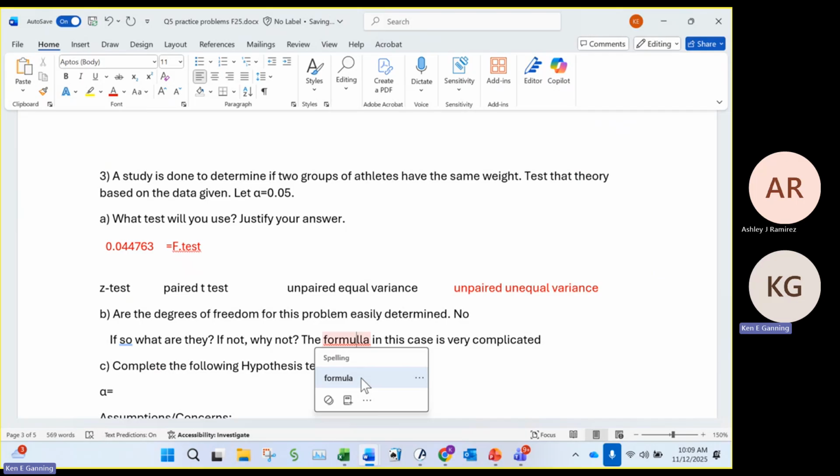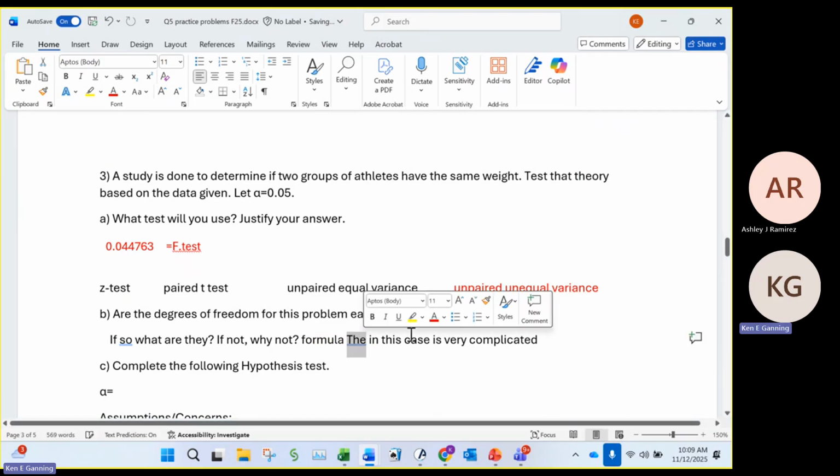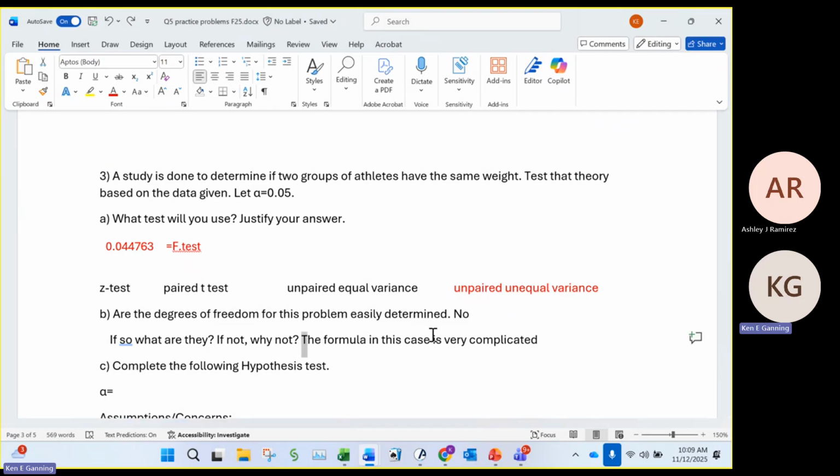It can be done, but it is not easy and not something I would ever expect anyone to do. Not something I would ever do unless I had to. Unless someone says, Professor, your job is to program and get the degrees of freedom for all these problems, and we need your assistance on setting up these formulas. Then I might do it, but you'd have to pay me money, right? Because Excel, all kinds of software will give you the exact number. Excel just rounds it to the nearest integer, which is fine.